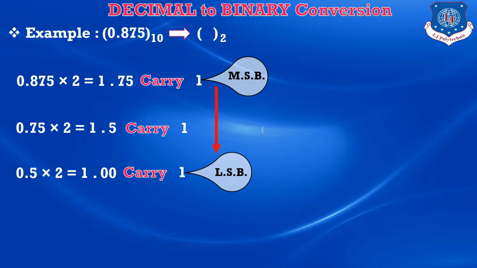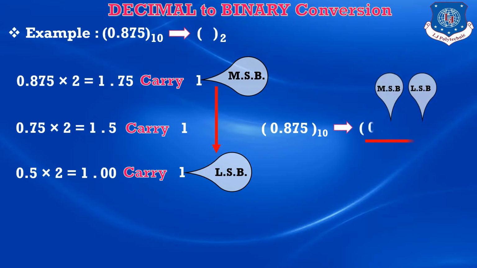As you can see here, in the answer, 0.875 of the decimal number is converted into the binary form 0.111.